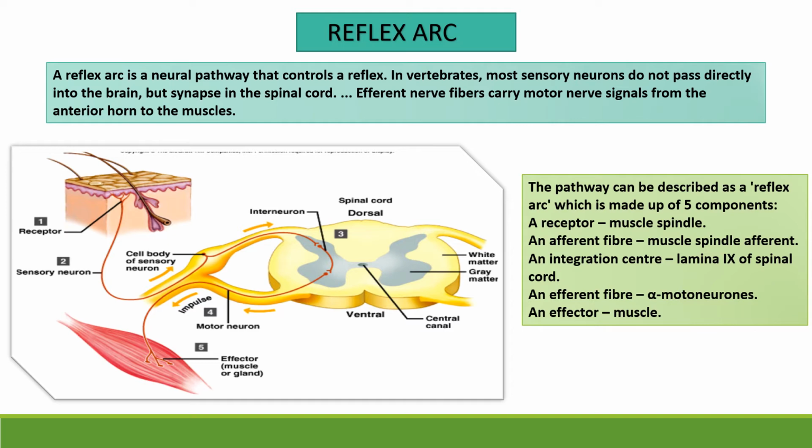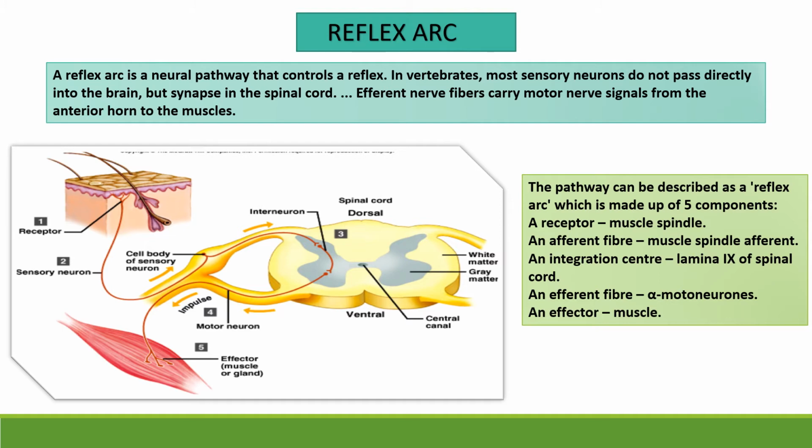So the pathway can be described as a reflex arc, which is made up of 5 components mainly. First one, a receptor. See this diagram. Follow the diagram. This is the receptor, that is the muscle spindle. Second one, an afferent fiber, that is the muscle spindle afferent.